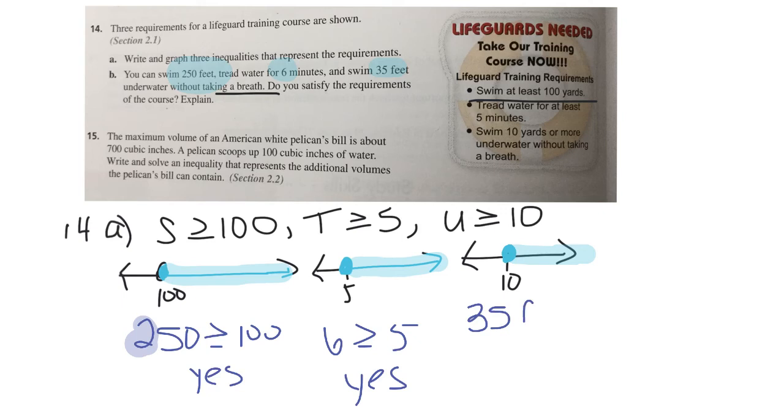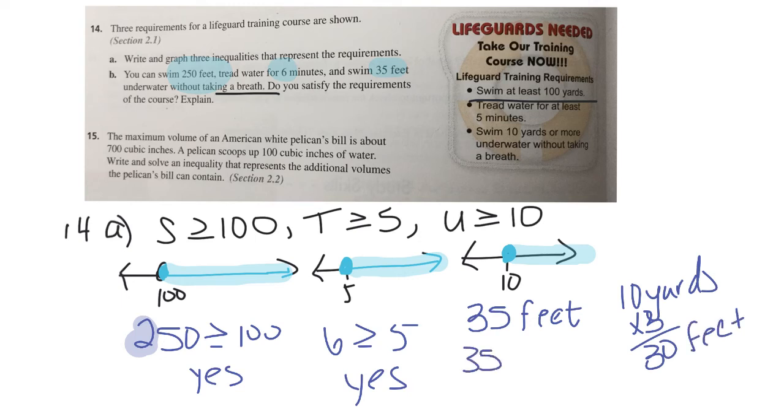Ooh, this is 35 feet. How many feet is 10 yards? 10 yards times 3 feet per yard is 30 feet. So 35 feet is greater than or equal to 30 feet, which is 10 yards. So yes, you satisfy the requirements for this job.